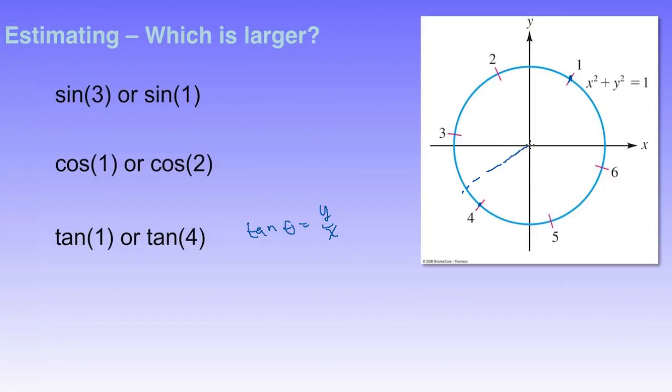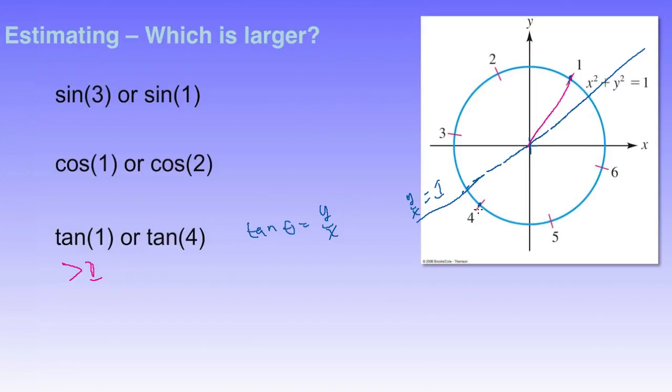So if I can very roughly get a 45-degree line, this is y over x equal to 1. That helps a little bit because now if I go from the origin to 1 radian, I can see that the slope of that line is a little bit more than 1. If I were to draw on this line here, this slope is a little bit more than 1. So I know that the tangent of 1 is greater than 1.